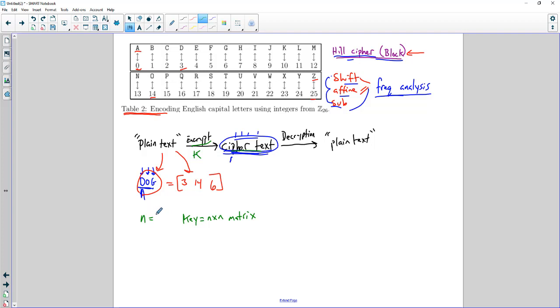In this example, I'm going to say n is equal to 3. So I'm looking at a 3 by 3 for this example. That's my key, a 3 by 3 matrix, and I'll call it K. Once I get the ciphertext out of that, I will decrypt it using the inverse matrix, the inverse of K.